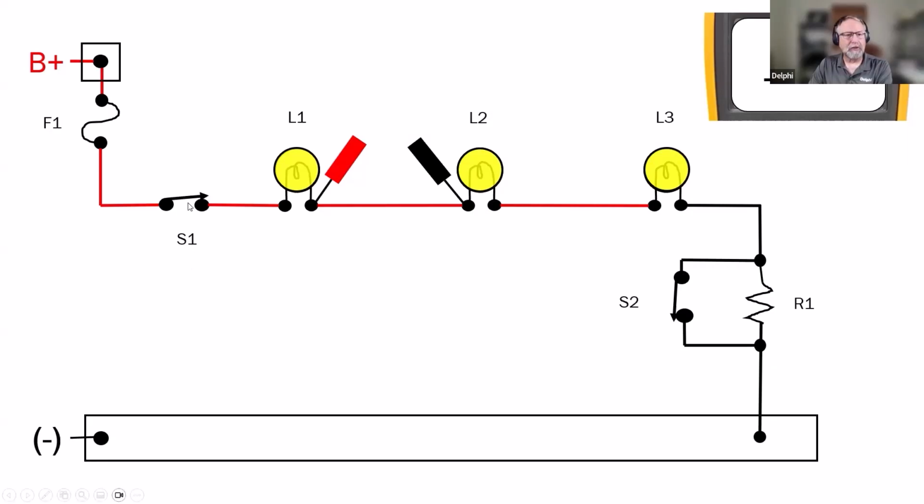So S1 is switched on, this S1 is closed, and electrical current is passing through from B plus, flowing through the circuit, back to chassis ground, and then to the battery negative post here. Okay. So we have electrical current flowing. What do you expect to see if everything is normal? What would you expect to see for a voltage difference between these 2 points?